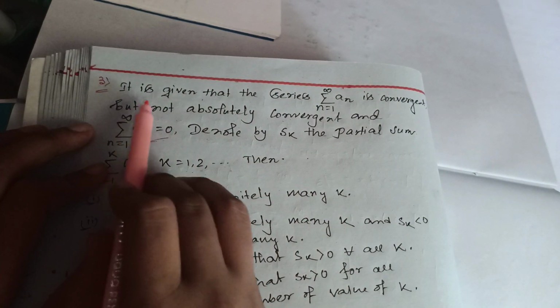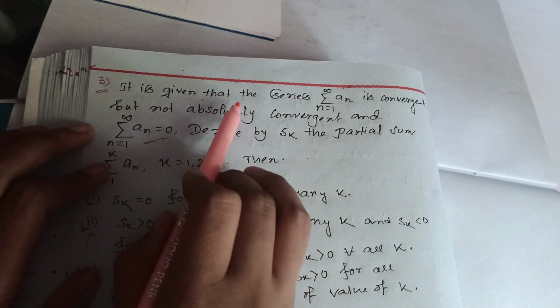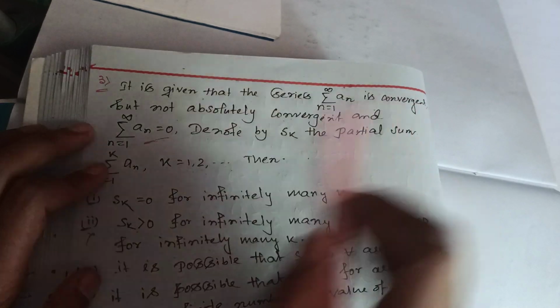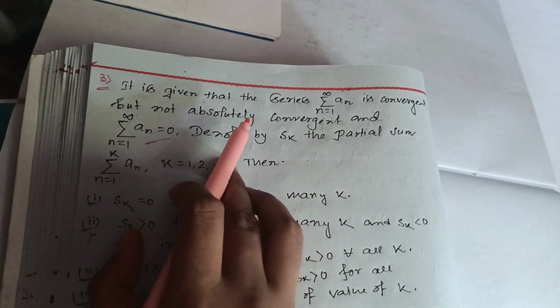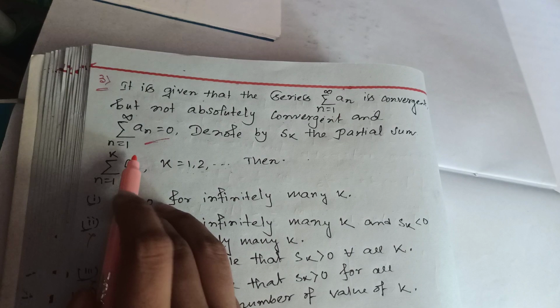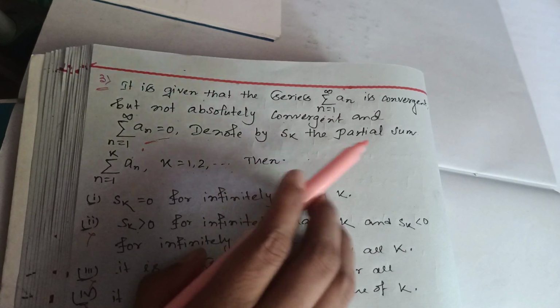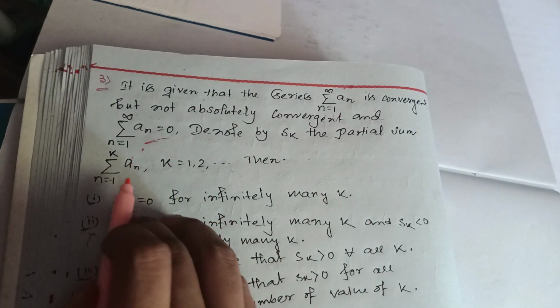Next question says: it is given that the series summation of a_n, n from 1 to infinity, is convergent but not absolutely convergent, and S_k is defined as the partial sum of the first k terms. Which option is correct?